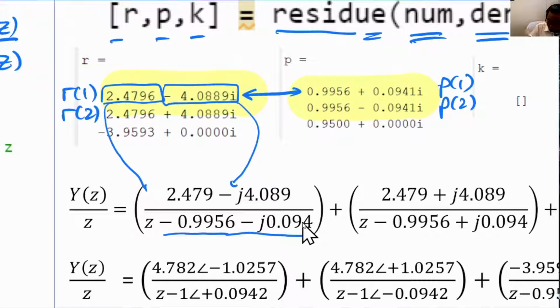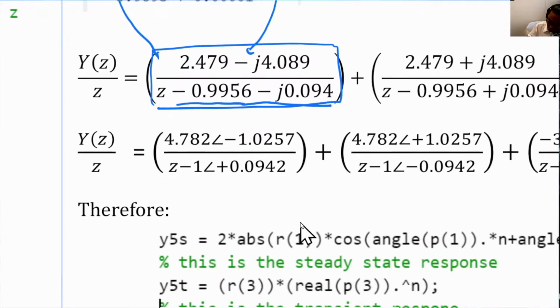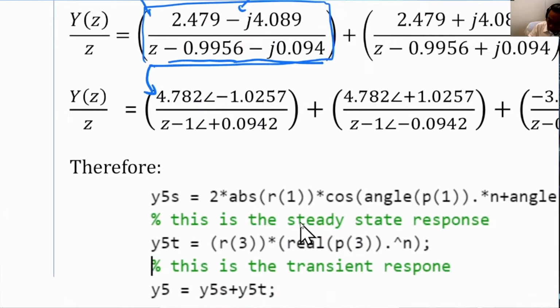Then we can focus on this rational function, manipulate it into a polar representation, and then extract all these four values and put them into our cosine, as I have explained.